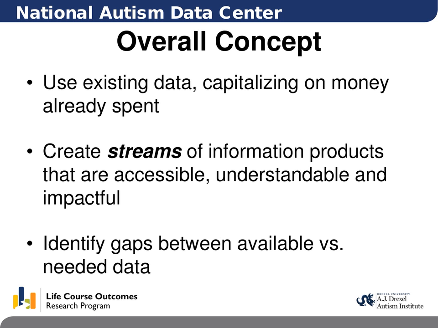Much of our work here at the Life Course Outcomes program revolves around using data that's already been gathered by others, whether it's in the course of administering a large-scale public program like SSI or VR, or sometimes national health surveys include a number of people on the autism spectrum as participants in the national survey. We gather all those data sets together and work on reports and fact sheets and analyses to try to understand, using existing data, as much as we can about this population.